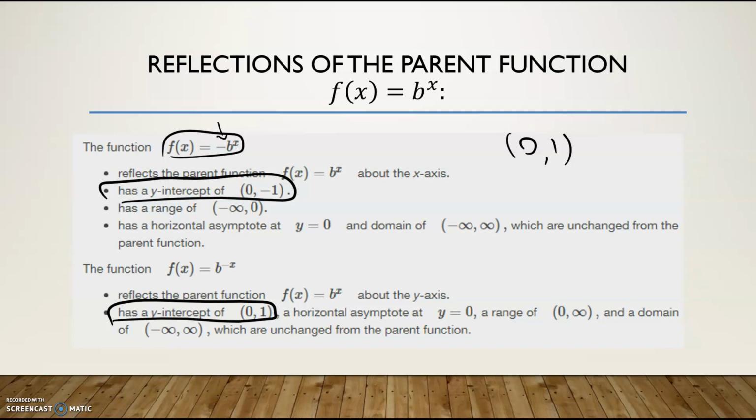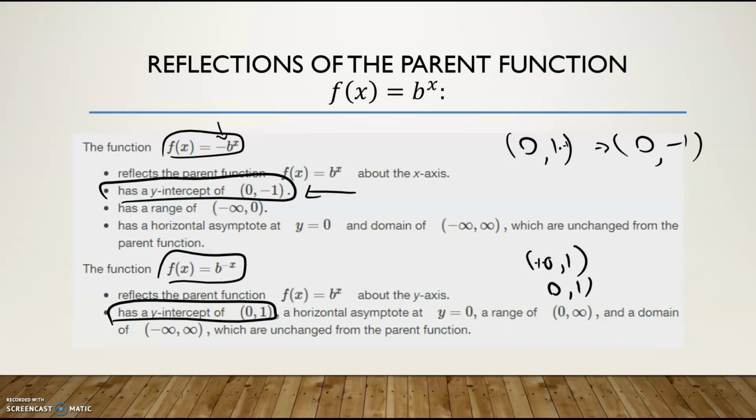So 1 times negative 1 gives you 0, negative 1, which is what we see here. Now, when you have the negative in front of x, that's going to affect your x values. But since the parent function is 0, 1, it's like multiplying negative 1 times 0, which essentially makes it still 0, 1, which is what we're seeing right here.